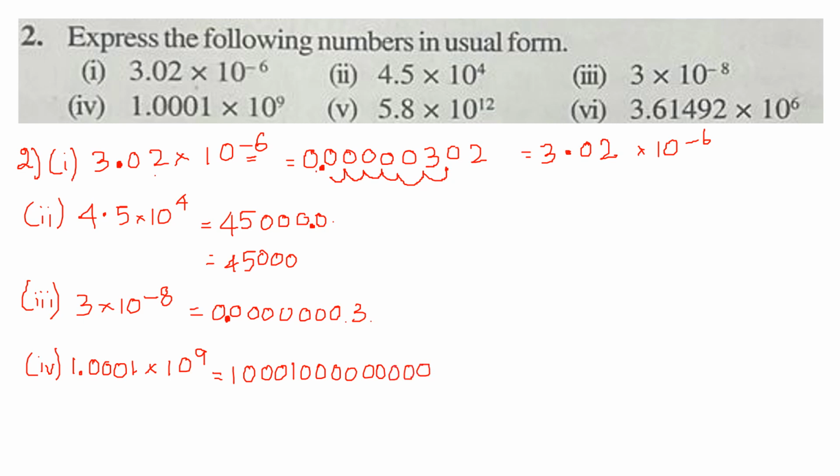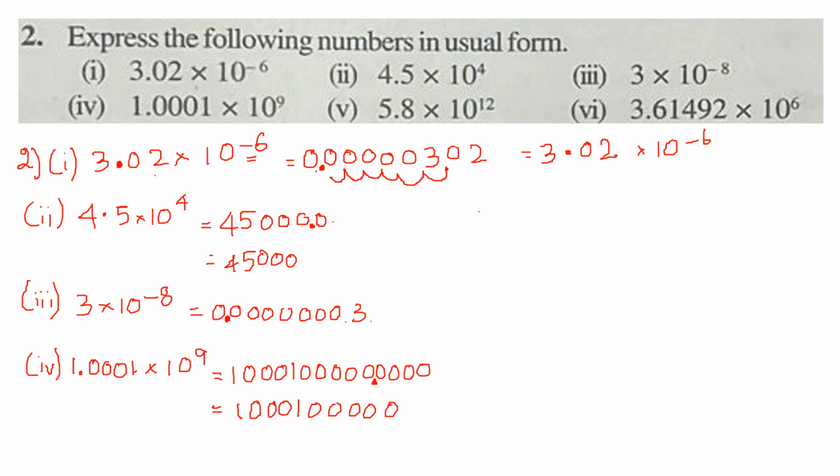Okay. So 4 digits are there after the decimal point. So 1, 2, 3, 4. Here is the decimal point. So this can be rewritten as 10001000000. Okay. So this is our answer for the fourth question.